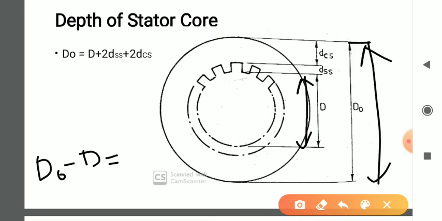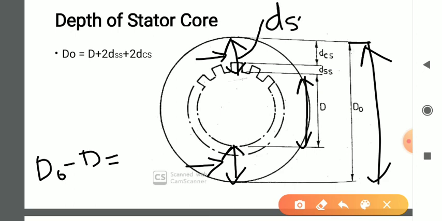So DO minus D is obviously this distance plus this distance, and these two distances are the same. Now first we will calculate this value.